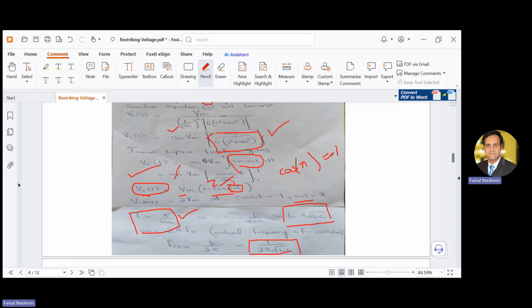So this t is equal to pi under root LC represents that we can have the maximum value of the restriking voltage after this time, t is equal to pi times under root LC.